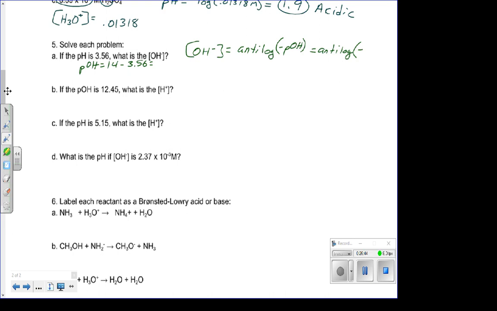It's 10.44. So we got antilog of negative 10.44, which is 3.63 times 10 to the negative 11.